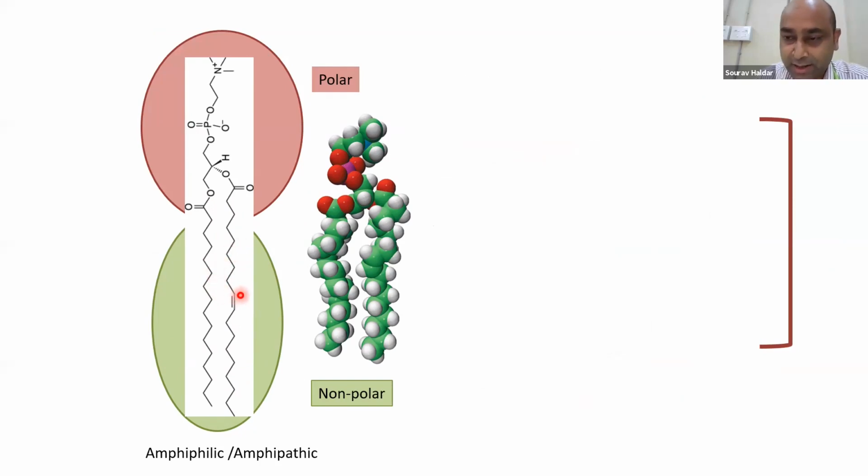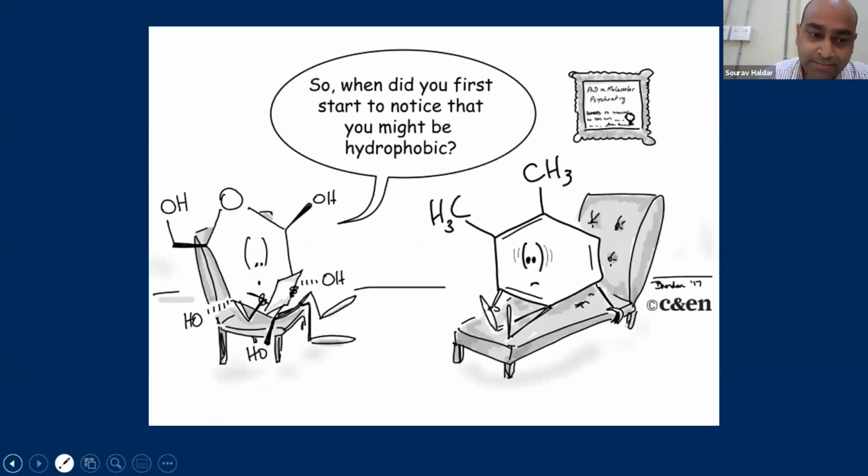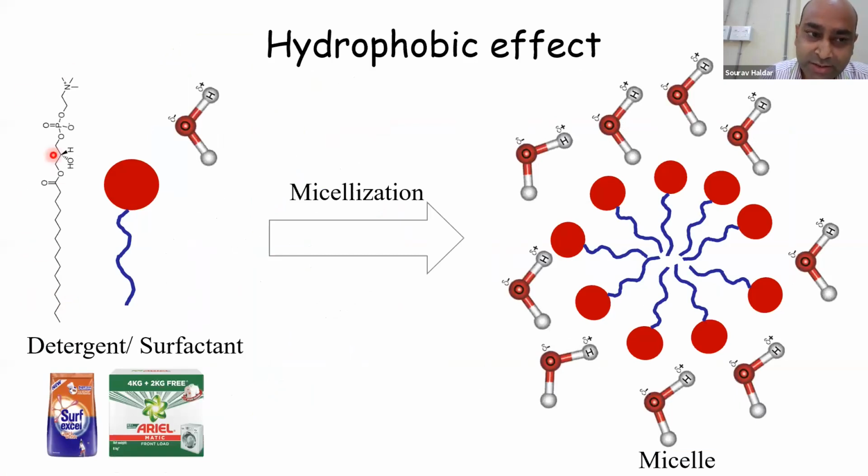In fact, you might know that the typical range of CMCs, that is critical micelle concentration, for a common detergent is in the millimolar range, whereas the critical bilayer concentration, which is analogous to critical micelle concentration, is actually in the nanomolar range. That means the solubility of individual lipid molecules is even less compared to its single tail counterpart, that is the detergents. So detergents are slightly more soluble compared to lipids.